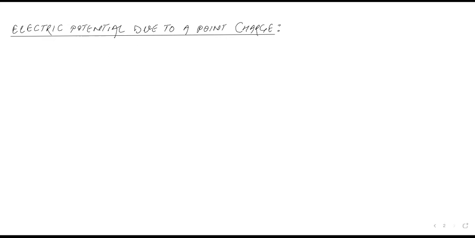Once again, we are going to take a positive charge, which is your source charge plus Q, and we are going to calculate electric potential at some particular point P here.